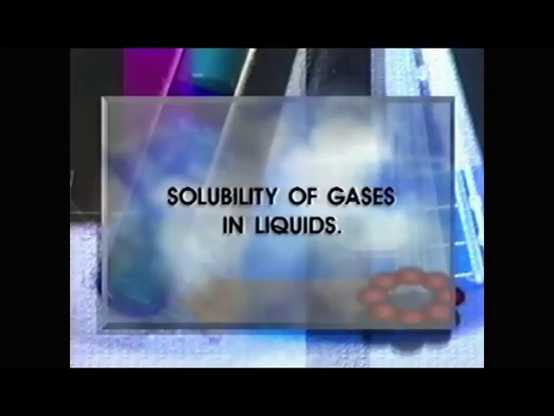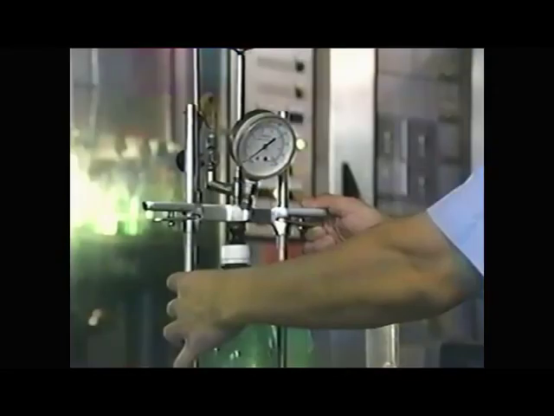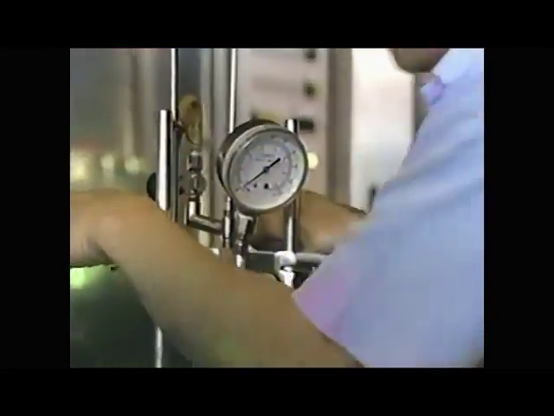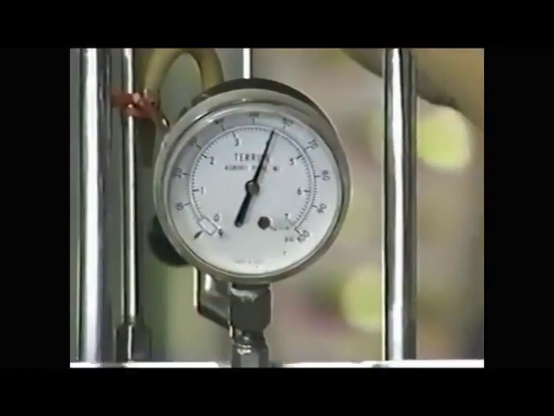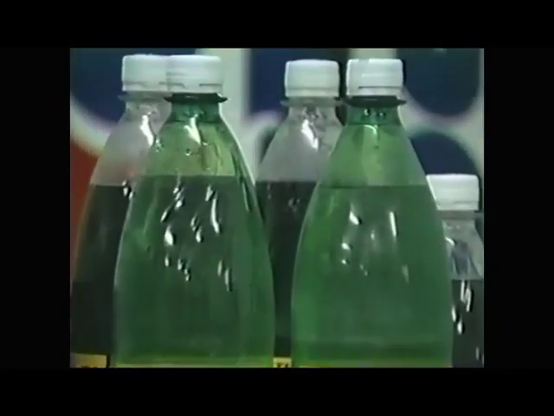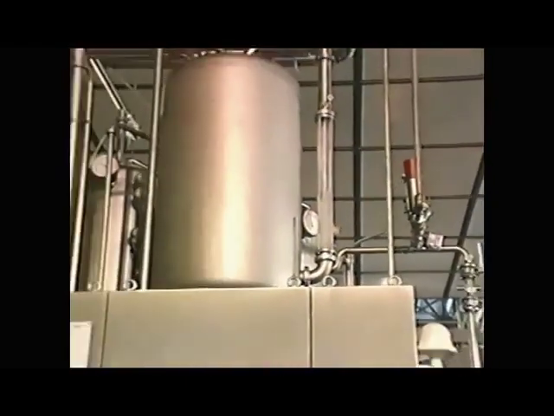Let's consider the solubility of gases and liquids. Pressure has a pronounced effect on solubility only when one component is a gas. We can observe this in soft drinks or carbonated beverages. During carbonation, high pressure is applied to force carbon dioxide into solution.